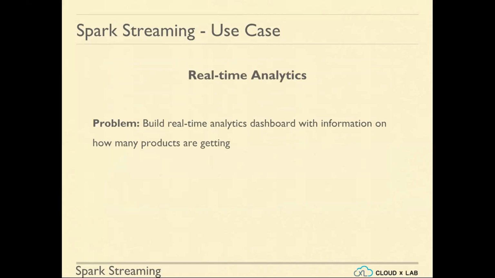Now in real-time analytics, the problem statement generally is to build a real-time analytics dashboard with information on how many products are getting purchased, shipped, and delivered every minute. There could be many more than this.